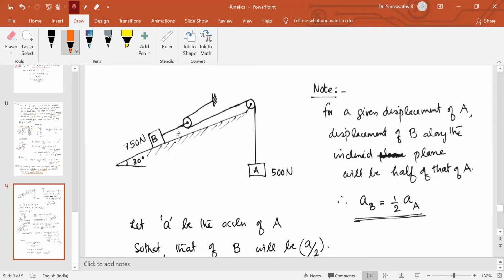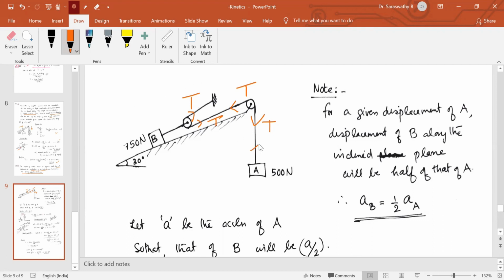So here, the one thing which you have to remember: if the pulley is smooth, tension here will be T. The same tension here also, T. This is also a smooth pulley, so here also the tension is T. So this body attached to the pulley will be subjected to a force T plus T, 2T, in this direction.